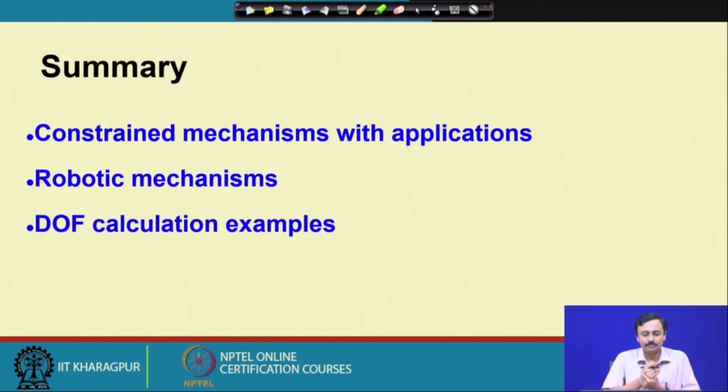So, we have huge applications of constraint mechanisms in automation, mechanization, and we have seen many examples of that. We have looked at robotic mechanisms and we have calculated degrees of freedom of robotic mechanisms and spatial robotic mechanisms. So, with that I close this lecture.